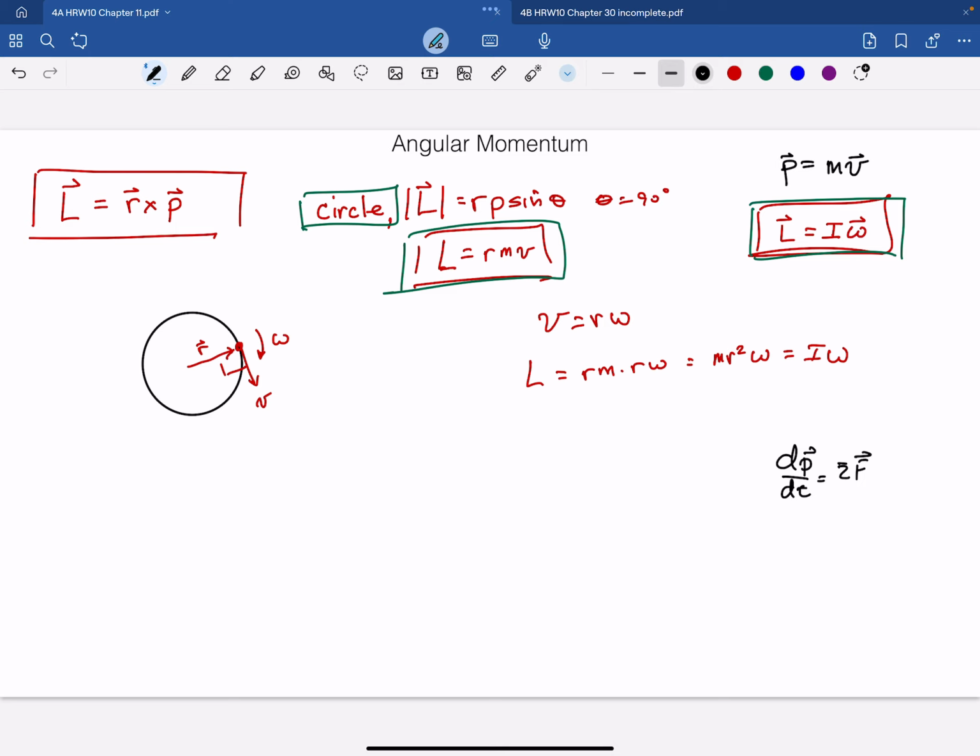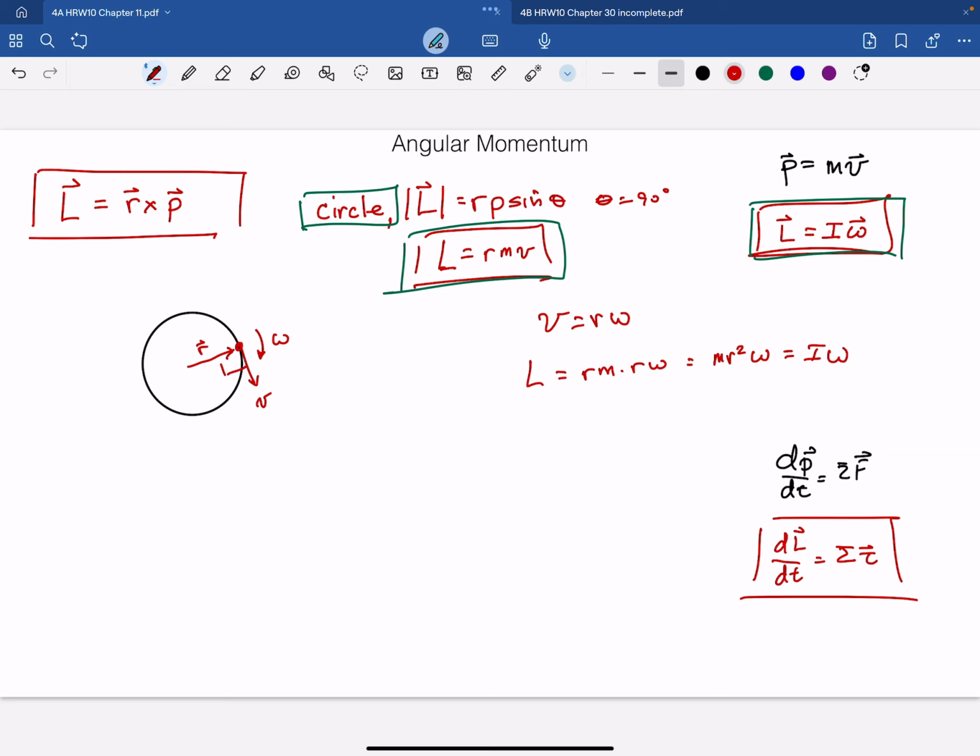Well, very similar in angular momentum. If we change the angular momentum of an object, instead of a force, what are we going to have? I blew it. A torque. So there is an angular version that relates changes in angular momentum to torques.